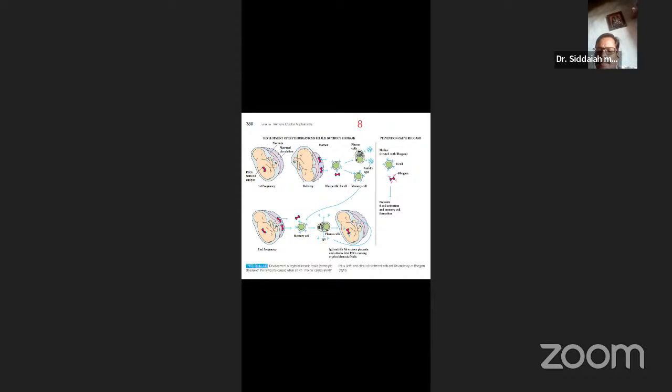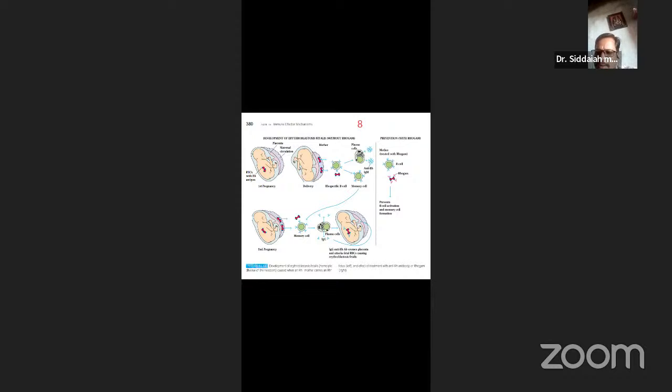When the mother becomes pregnant a second time, these immunoglobulin G antibodies cross the placenta and go into the baby's blood system.